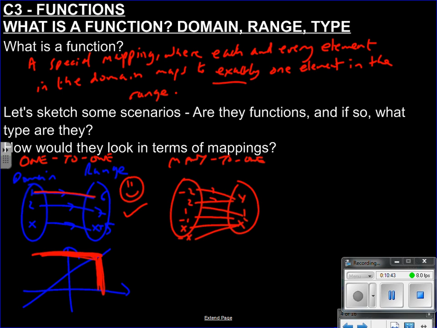So again, is this a function? Absolutely. Because even though there are two things in the domain, each element in that domain still only goes to one value. Minus 2 does not return two values of y or three values of y. It only gives one value of y.